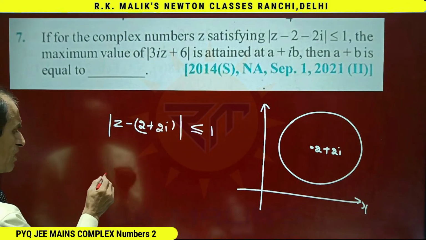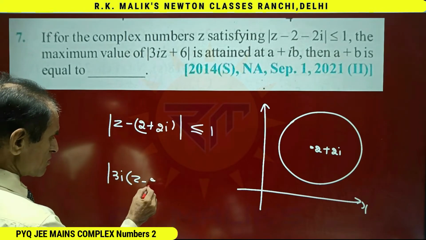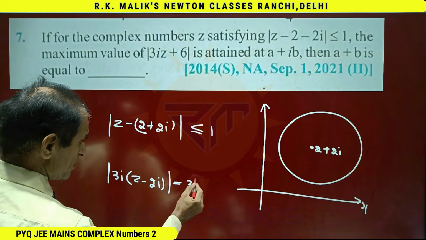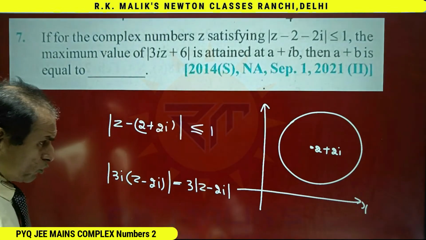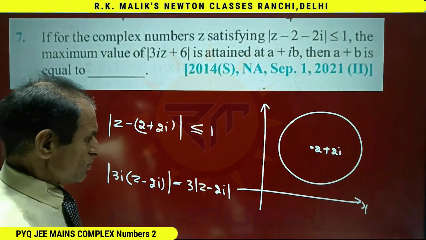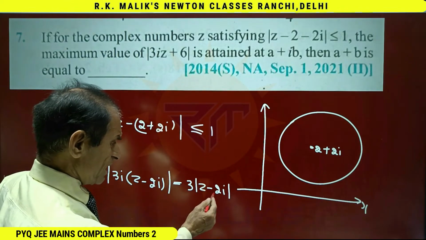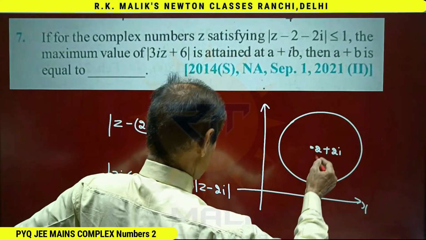And this thing can be written as 3 into mod of z minus 2i, and this means the distance between z and 2i, where z lies anywhere on the boundary or inside.